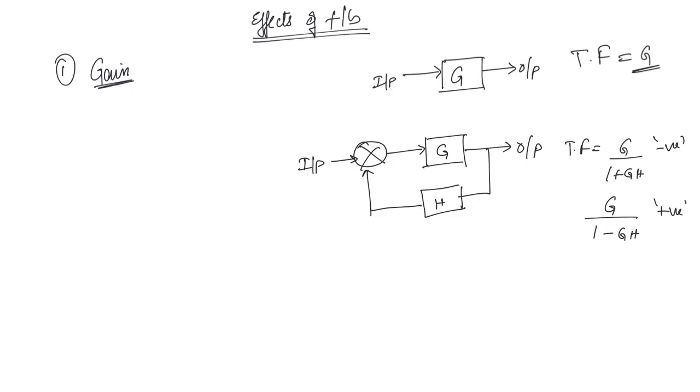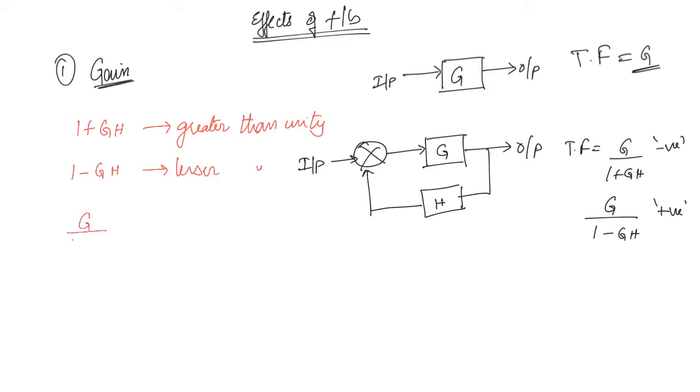Now here you can see that 1 plus GH will be greater than unity, right, because something is being added to 1. So 1 plus GH will be greater than unity, and 1 minus GH will be lesser than unity, right?